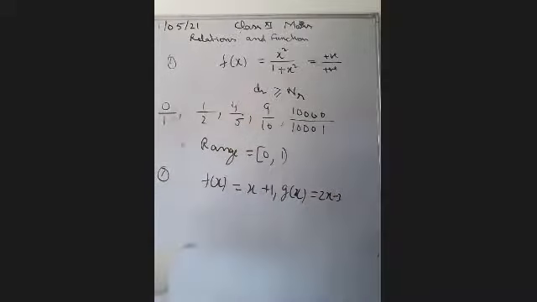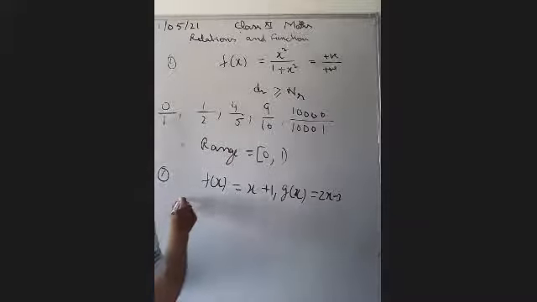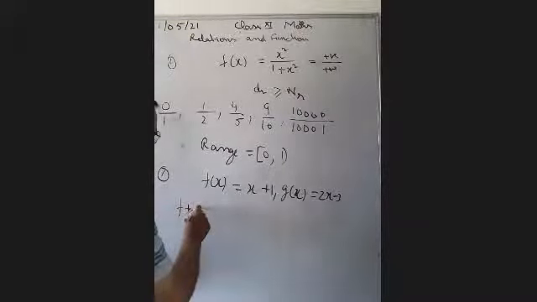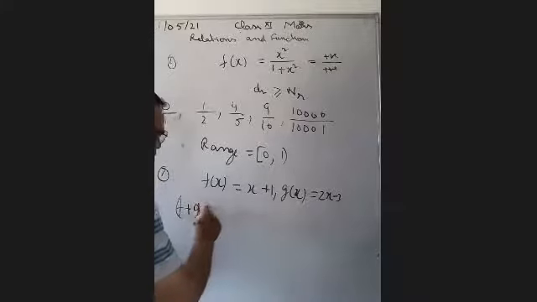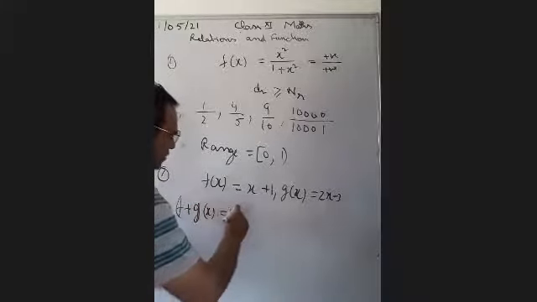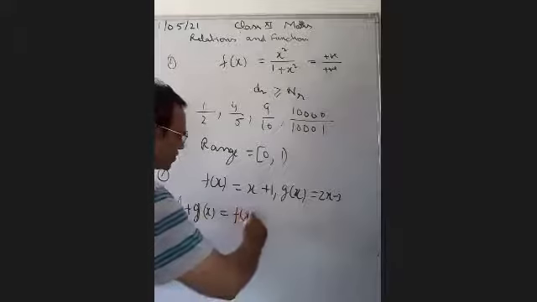Find the value f plus g, f minus g or f upon g. So we have to find out the value of f plus g. This I have told you earlier also. F plus g का मतलब है you have to put the value of fx plus gx.